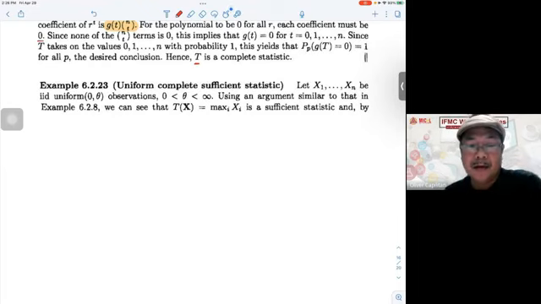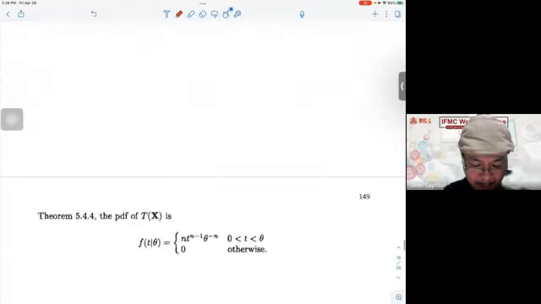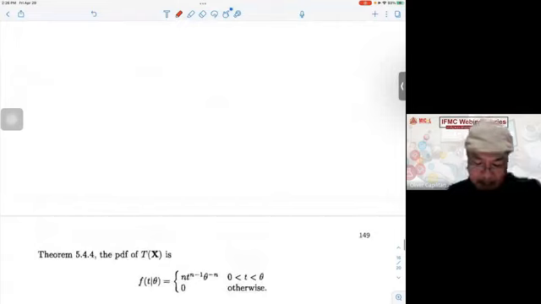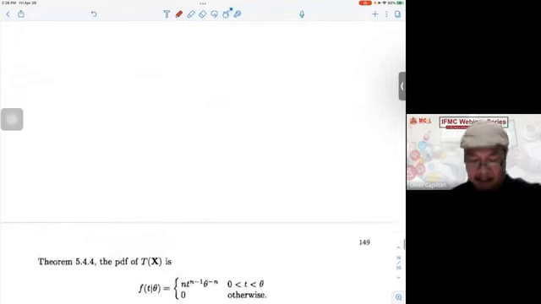Using an argument similar to that in example 6.2.8, we can see that the function of our random sample, T of X, which is the maximum order statistic, is a sufficient statistic. And by theorem 5.4.4, the probability of this statistic T of X is this.